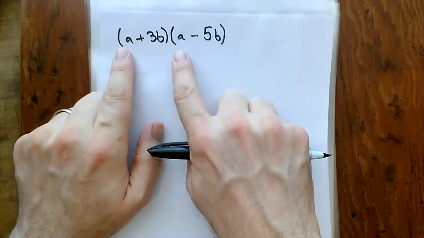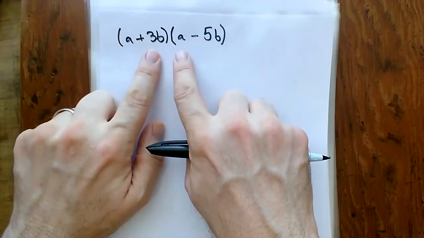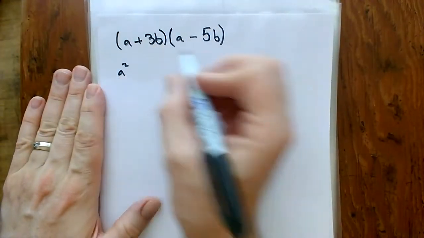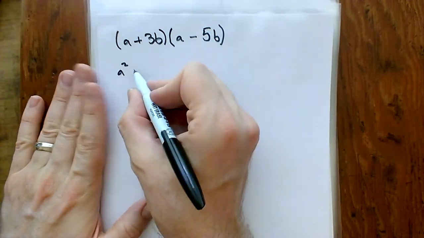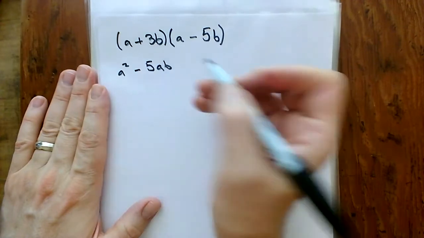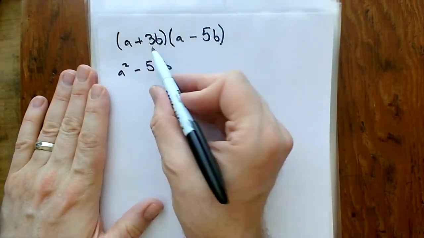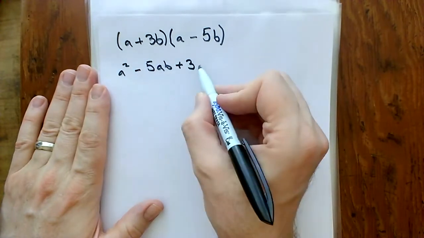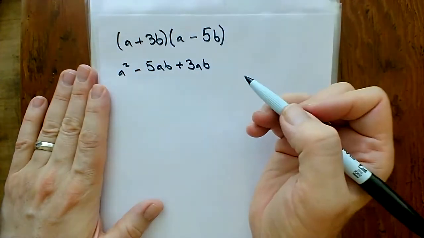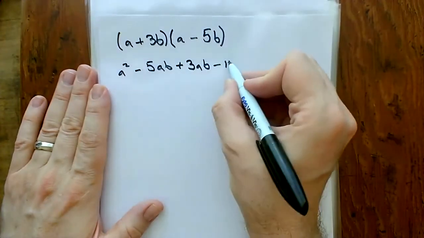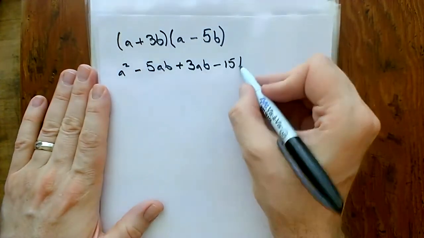So first, outside, inside, last. A times a is going to be a squared. A times minus 5b is going to be minus 5ab. My inside terms, it's going to be plus 3ab. And then our last terms, 3b times minus 5b is minus 15b squared.